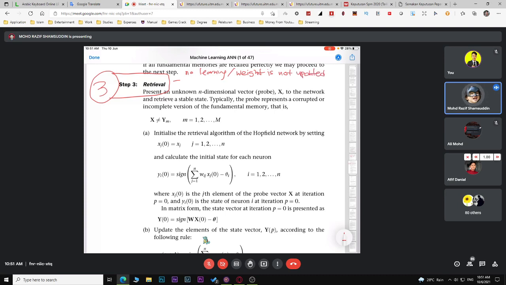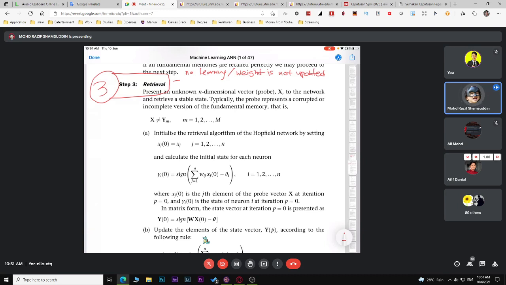Okay, dalam Hopfield network, kita kira weight tu sekali saja. The final weight that we calculate in step number 1 won't be changed. So weight yang step number 1 tu akan stay like that as the memory of the Hopfield network.